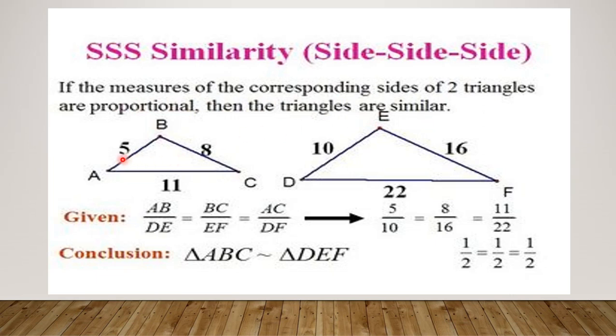Now the relation of proportional, as we have done in the previous slide also: AB upon DE is equal to 5 by 2, BC upon EF is equal to 8 by 16, AC upon DF is equal to 11 upon 12, all are equal to 1 upon 2. So this 1 upon 2 we can write as 1 ratio 2. This is known as the scale factor, and as the three sides are in the same proportion, we can say the triangles are similar.